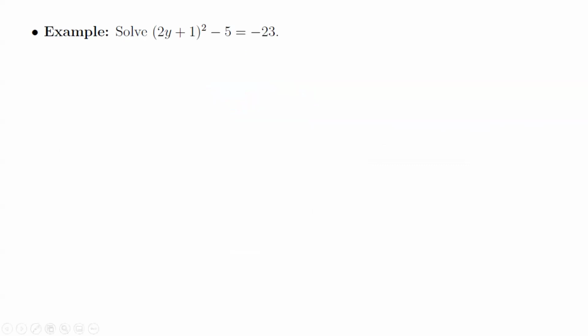Okay, so for this one, what happens is when I add 5, I end up with still having a negative on the right side of the equation. But at the same time, the square is now by itself, so I'm ready to do the square root property.